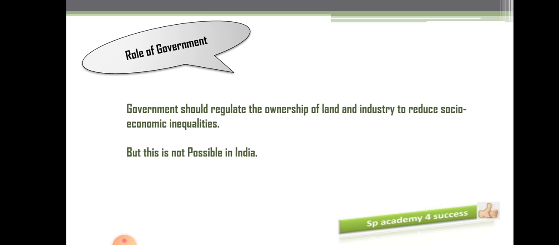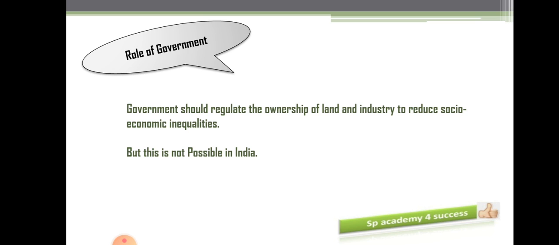The government has to maintain all the industries. Then only, through distributive justice, it can distribute the wealth to each and every person, and make the social equality and economic equality.